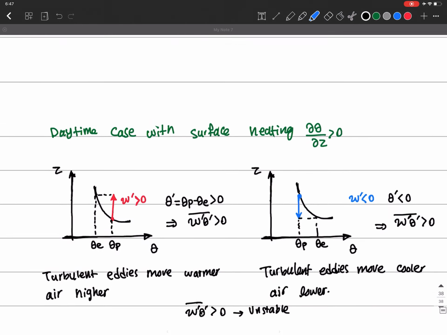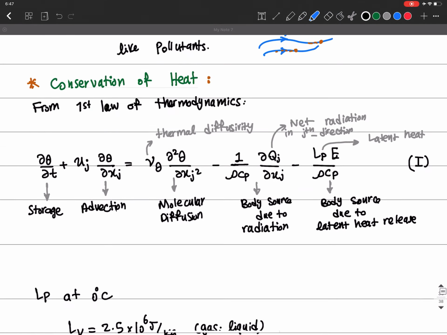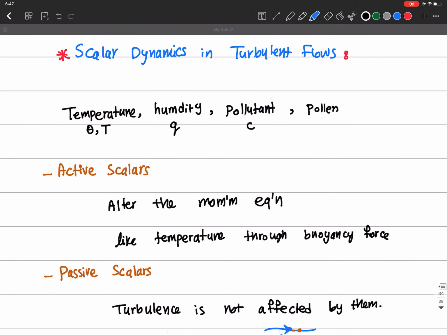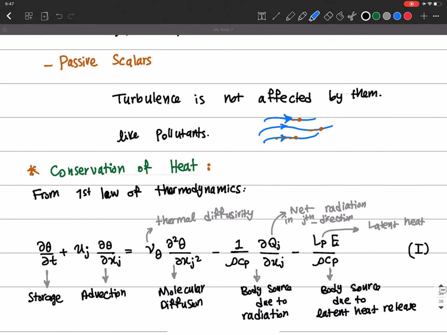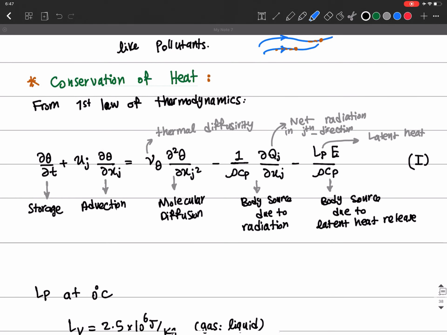So let me wrap up what we learned today. We started with scalar dynamics in turbulent flows. We talked about what is the difference between an active scalar and a passive scalar. And then we wrote the conservation of heat based on the first law of thermodynamics, which is written here.